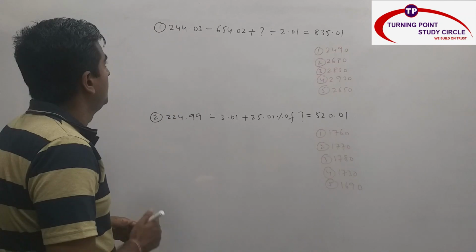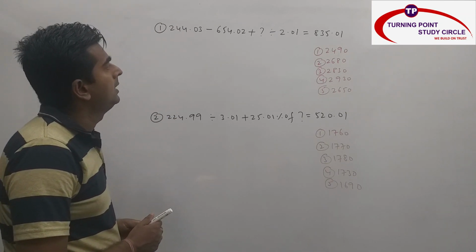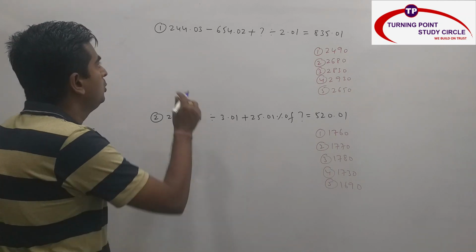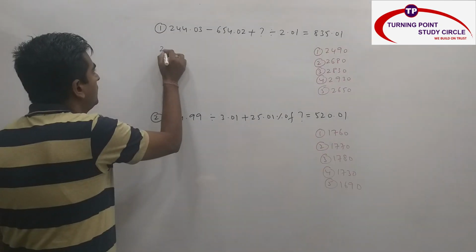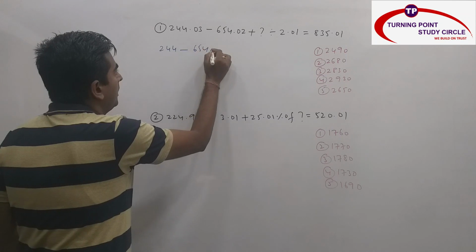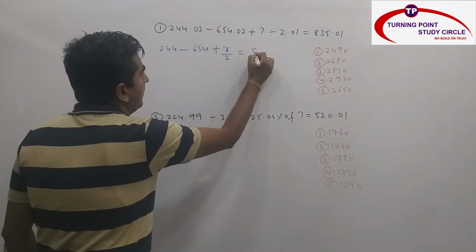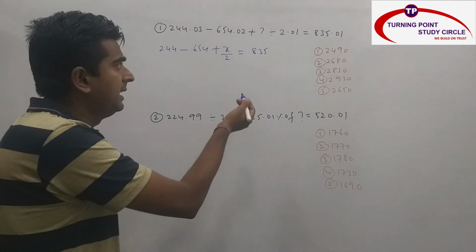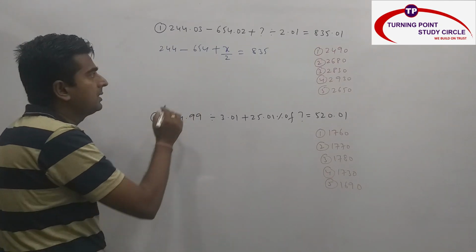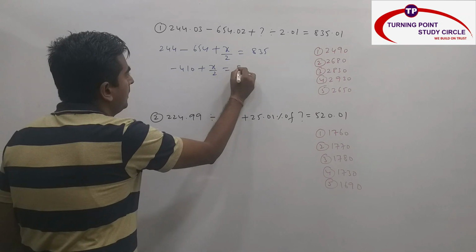So when you see here, 244.03 minus 654.02 plus question mark divided by 2.01 is equal to 835.01. So 244.03 is nothing but 244, minus 654.02 is 654, plus question mark is x by 2, is equal to 835, because 835.01 is nothing but 835. 244 minus 654 is nothing but minus 410, plus x by 2 is equal to 835.